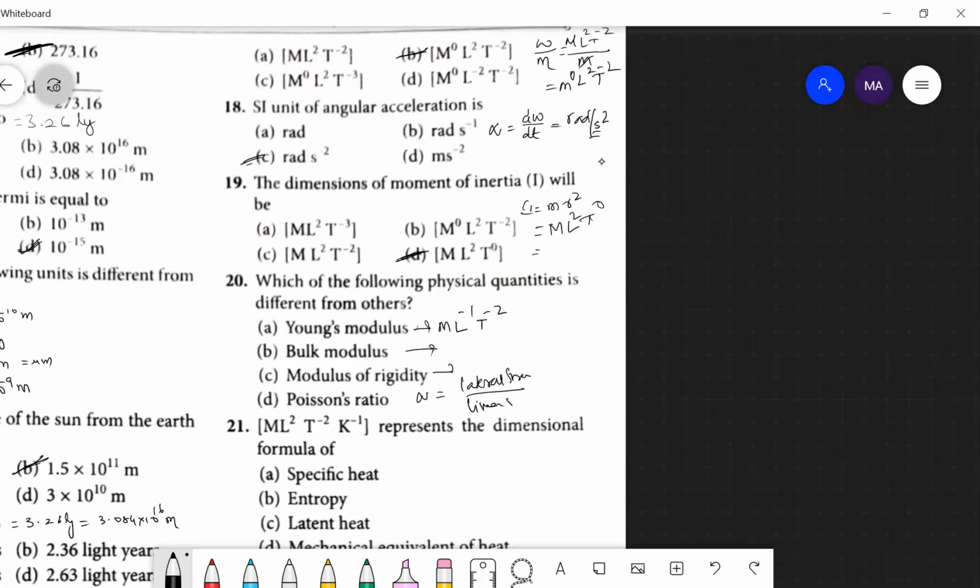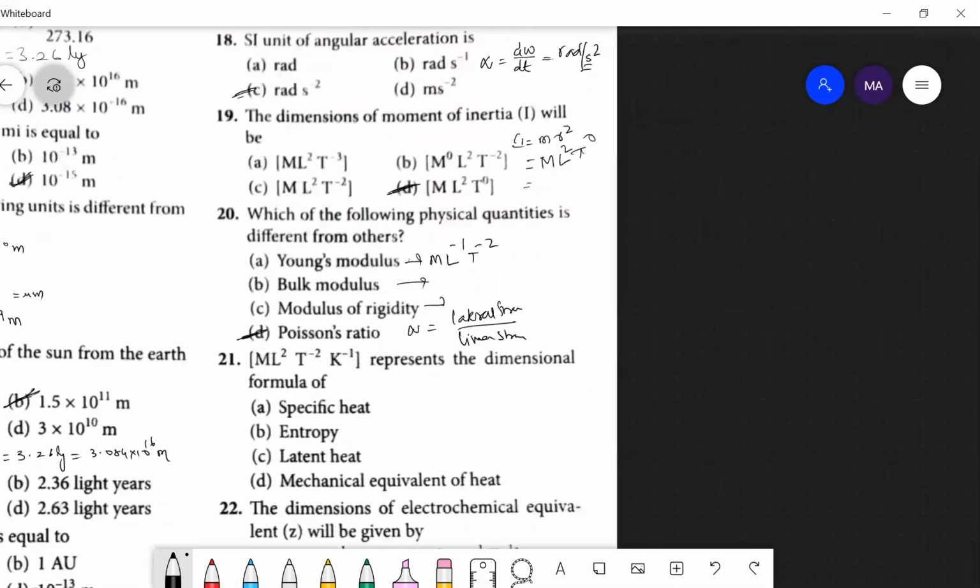Both of them are strain, so it has no dimensions. So for the 20th question, obviously D will be the answer.